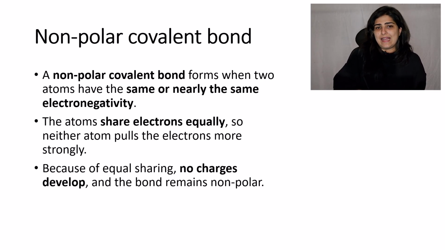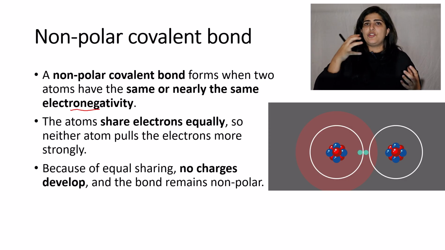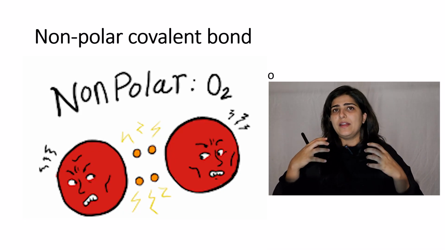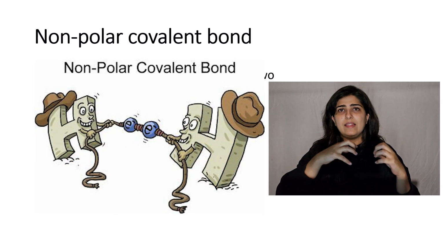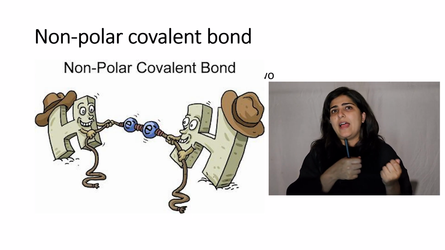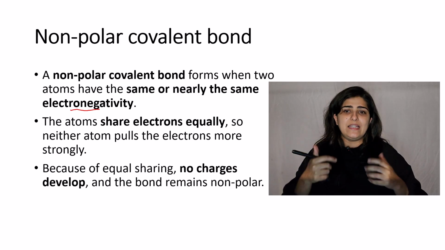Now, what do we mean by electronegativity? It's basically a feature when an element is trying to attract more electrons towards itself. So, if both are not that electronegative or are very close in their electronegativities, they tend not to snatch, or they're not trying to take the electrons towards themselves. And that's why they're able to share it equally.